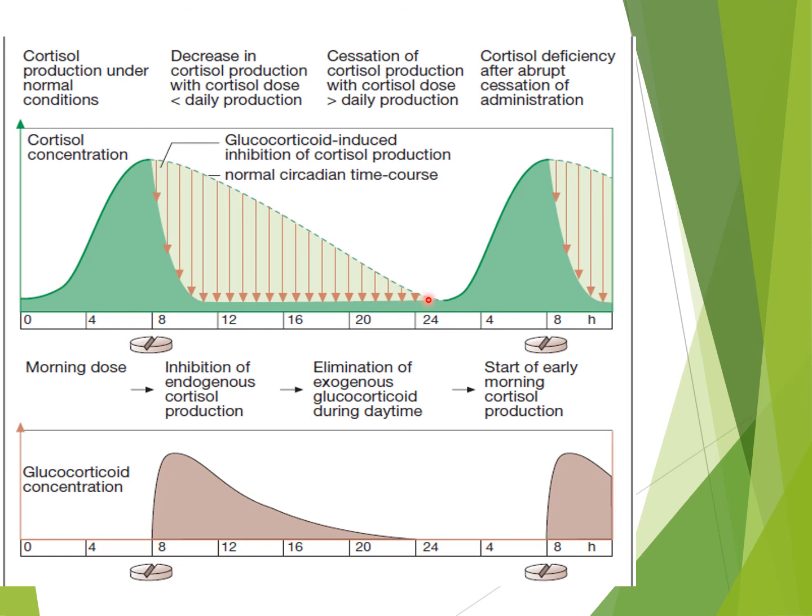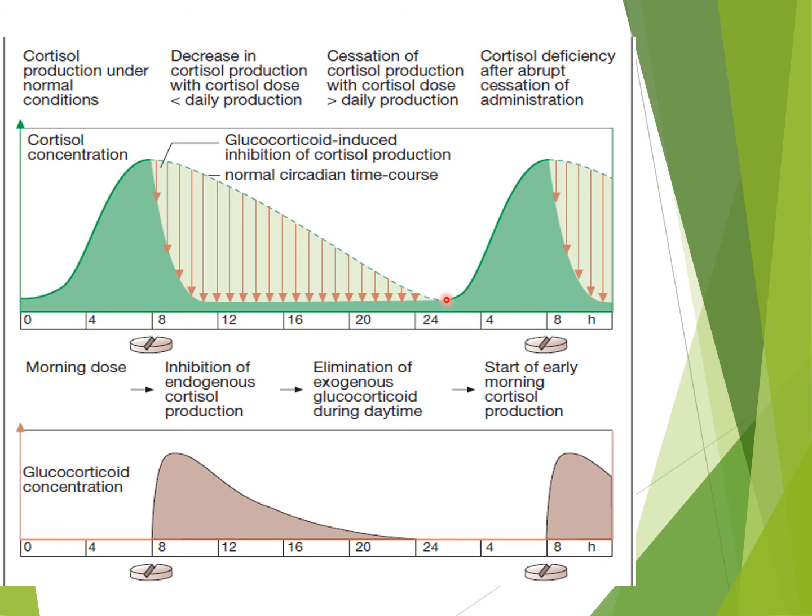So the level of natural glucocorticoids also will be increased. In the morning, when you give glucocorticoids, you will get the effect of these drugs, then the natural level will be decreased, and by opposite negative feedback, the impulse goes to the hypothalamus and stimulates natural glucocorticoids.